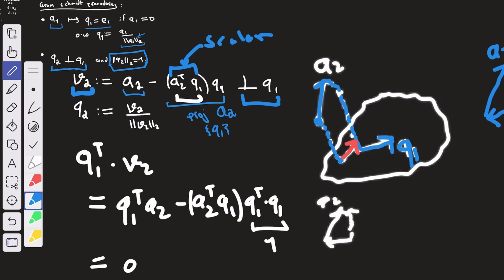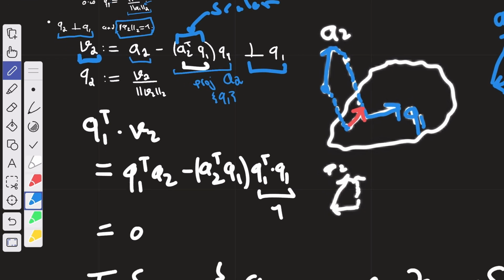So we can get the q1 transpose next to the q1 here. And we started by defining q1 to be a normalized vector, so q1 transpose q1 will just be 1. Recall that if you take a vector v and dot product it with itself, you just get the norm of v squared.